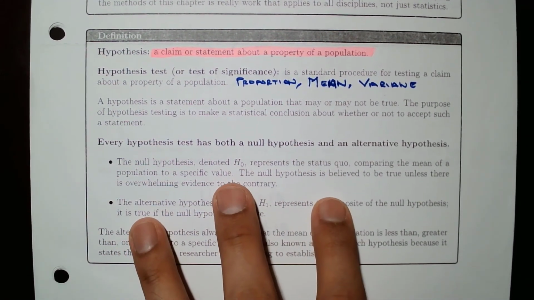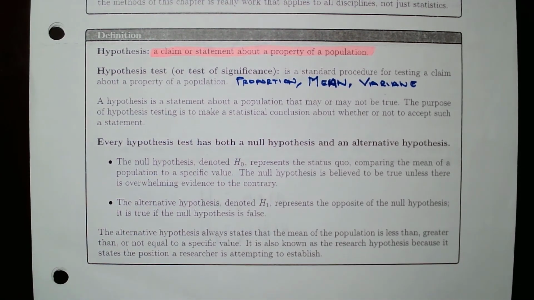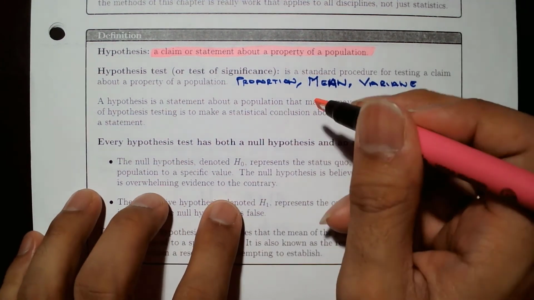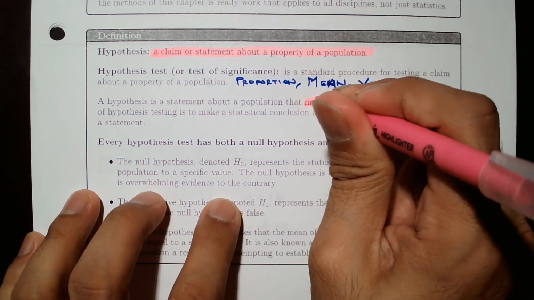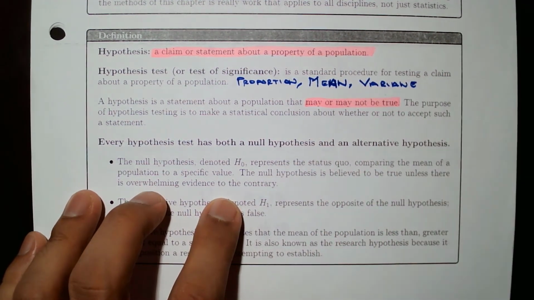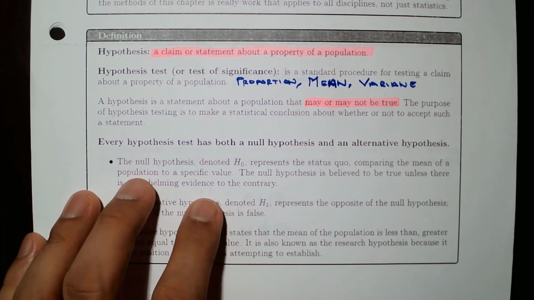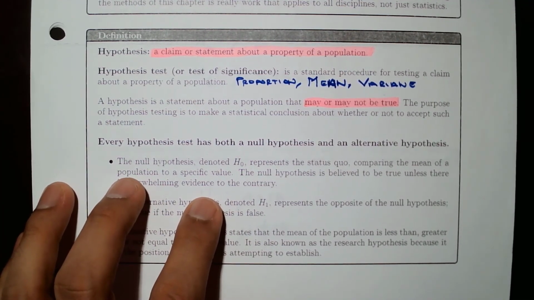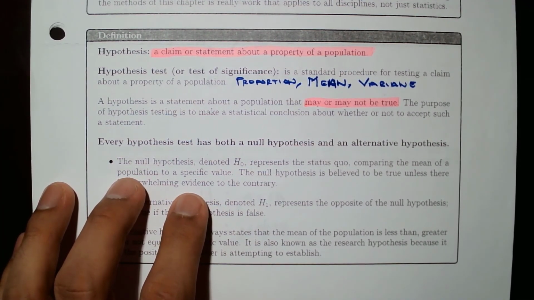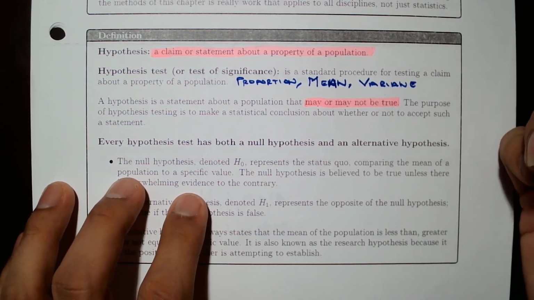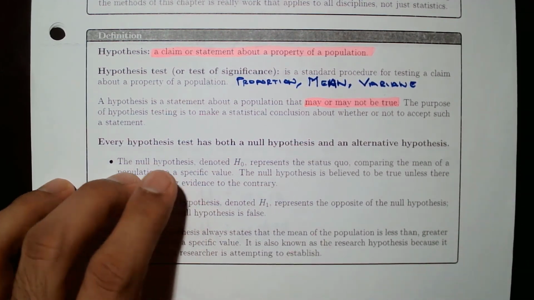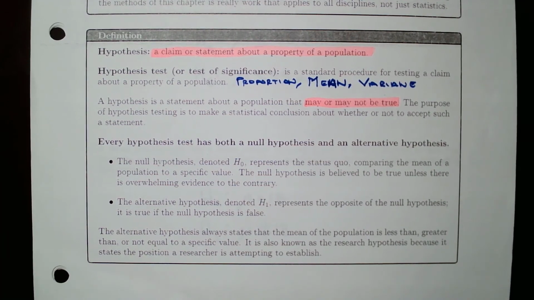Okay, so what is a hypothesis again? Well, it's a statement that may or may not be true. That'll depend on the statistical evidence that we are able to gather in the experiment, and given the data, for example. Okay, so in this case, we are going to make decisions.